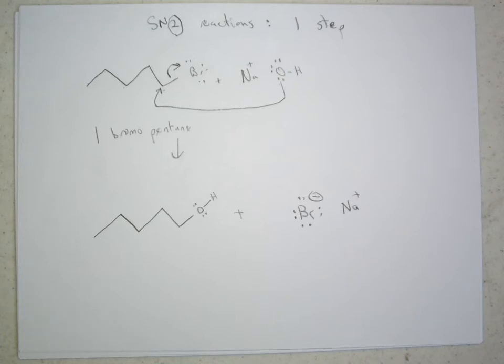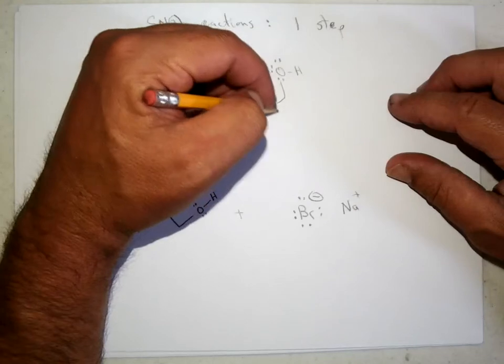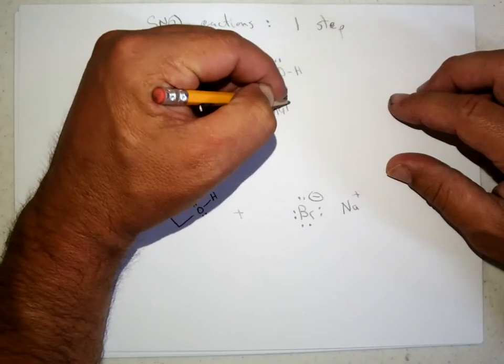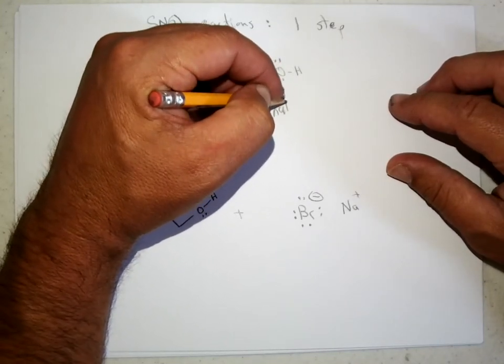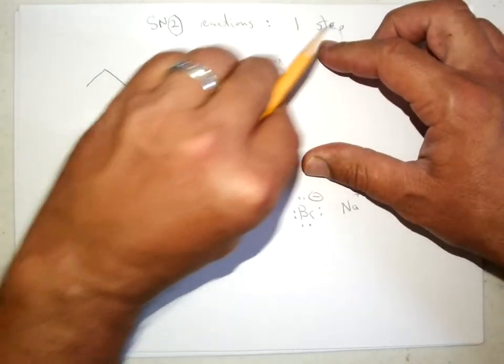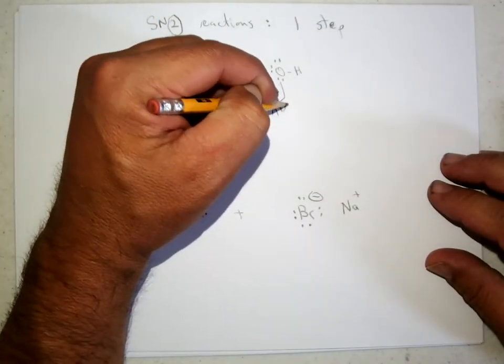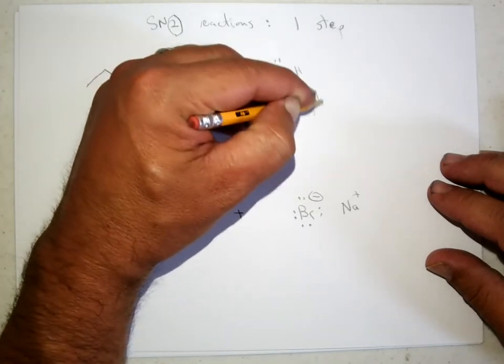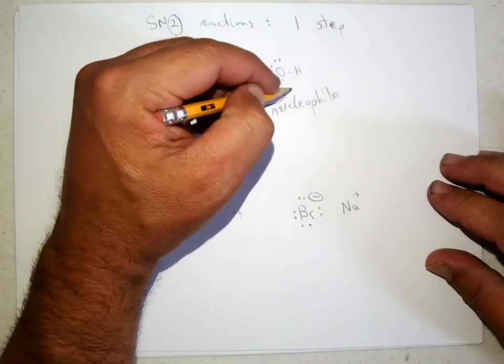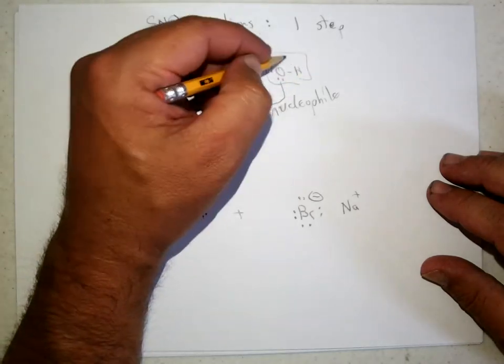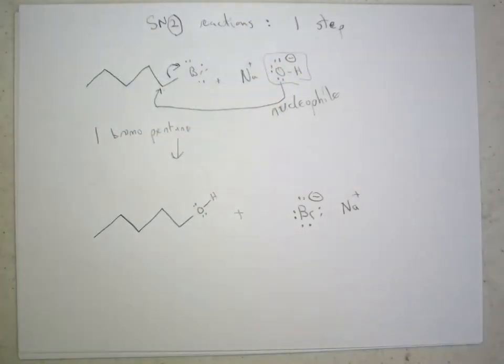So we did a nucleophilic substitution. I should write out that the nucleophile is the hydroxide. So the OH minus is going to move in and push off the bromide.